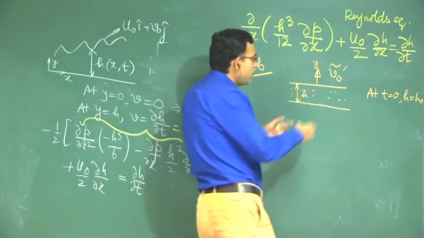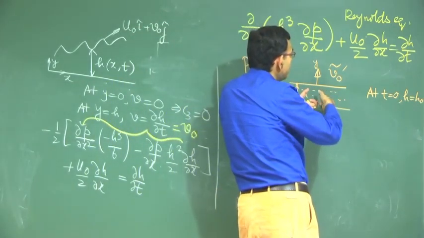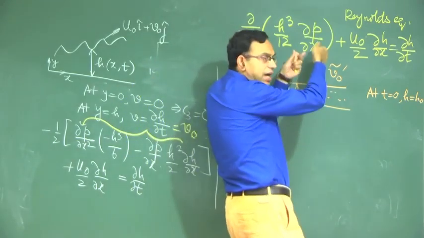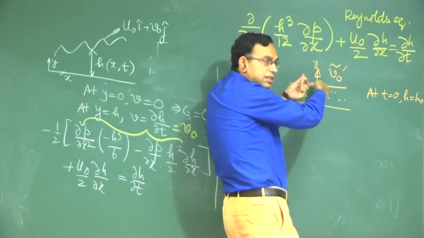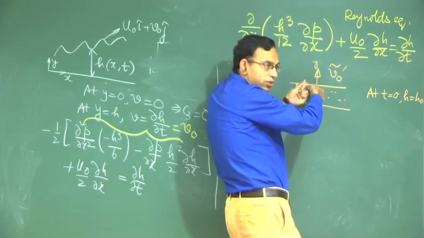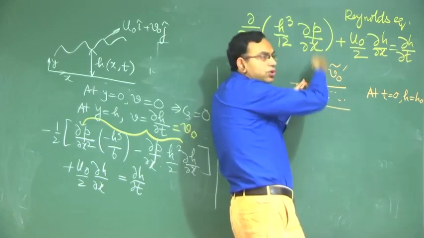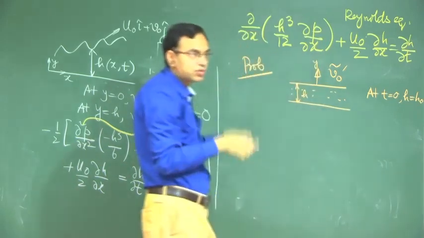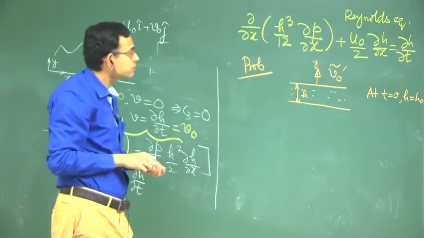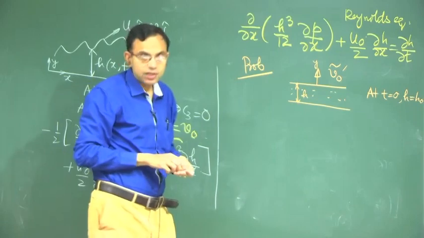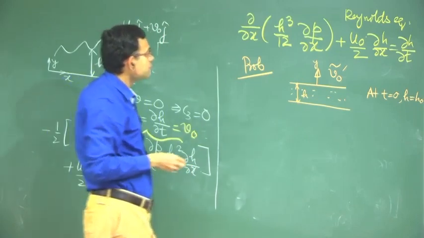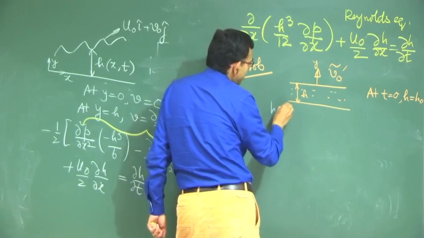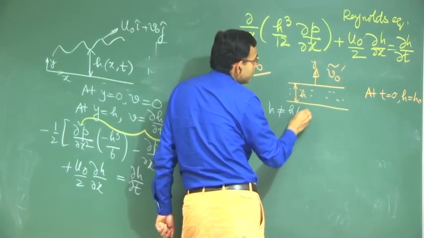So the question is, what is the force required to pull this, because if you are pulling this up, there will be a resistance in the fluid, because of which you require a force to pull this, otherwise it does not spontaneously happen. So what is that force required? That is a special case of this problem. So first of all, this h is not a function of x, right.